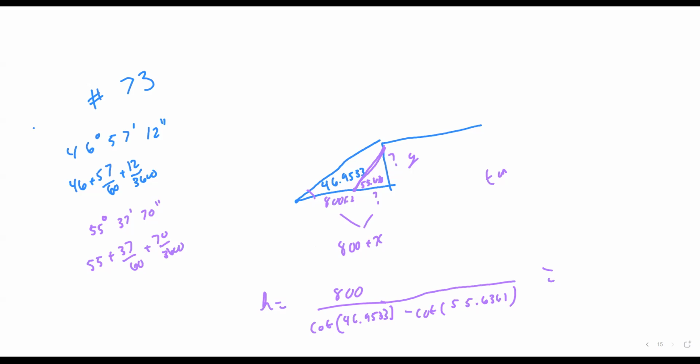So that's going to be 800 over our cotangent of 46.9533 minus our cotangent of 55.6361. And that tells us then that our height is 3,196.79 feet.